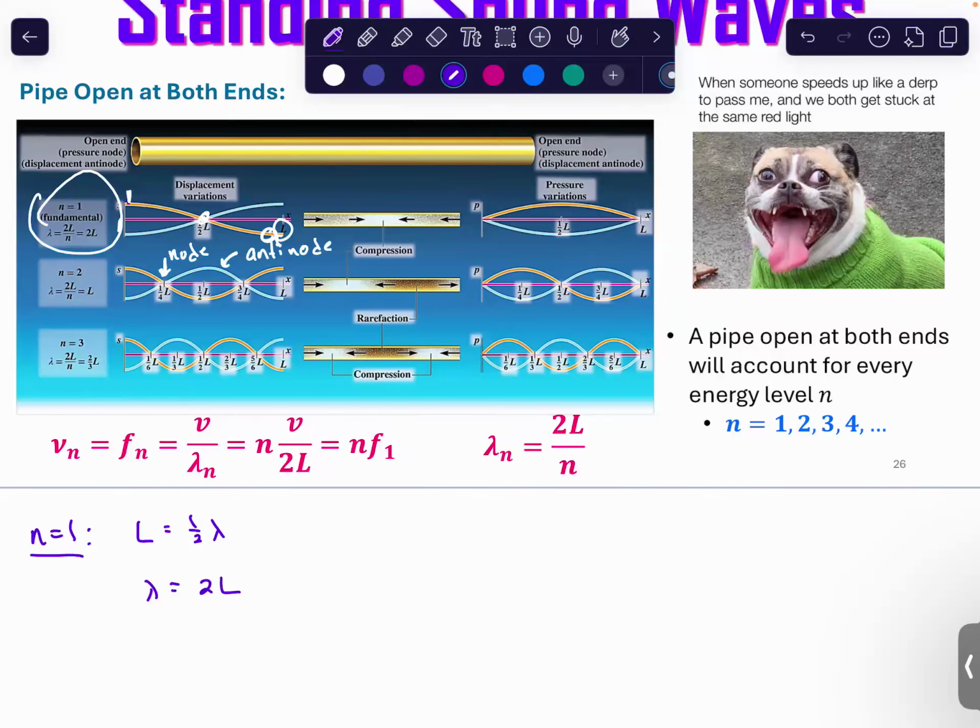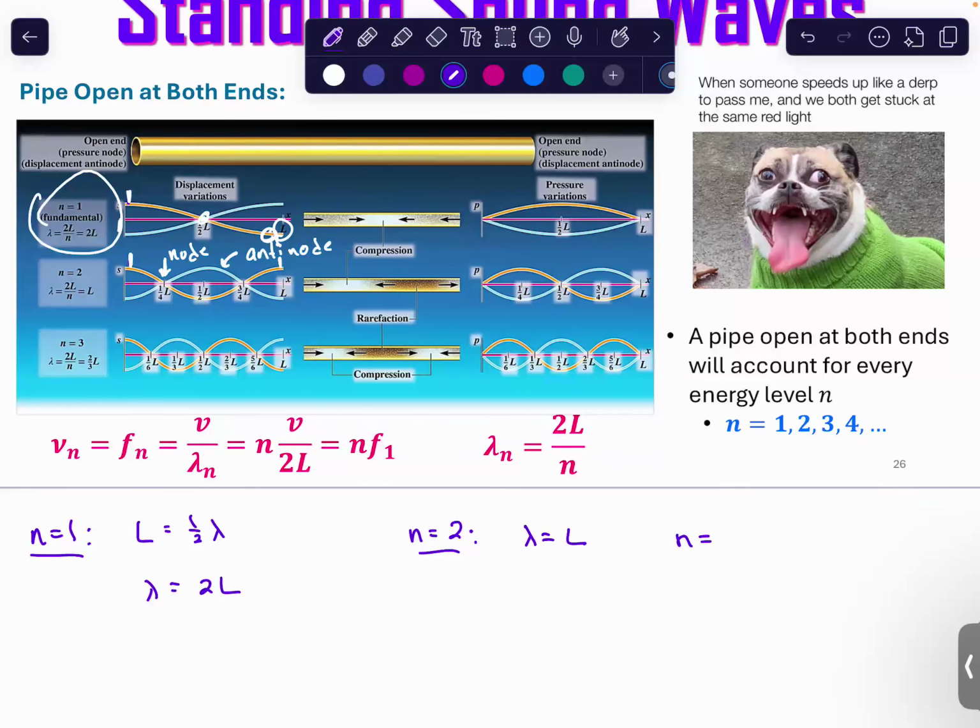You take a look at, say, N equals 2. So there to there, how much of the wavelength is that? 1. Lambda equals L.